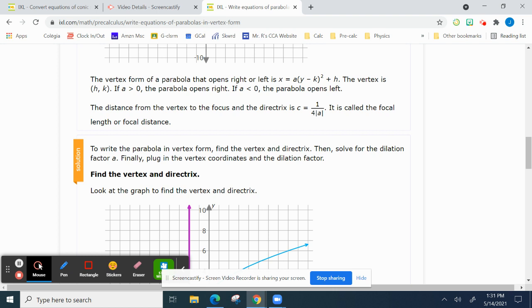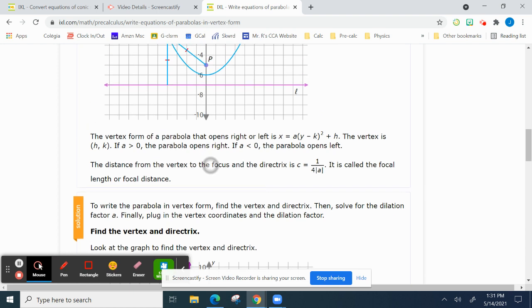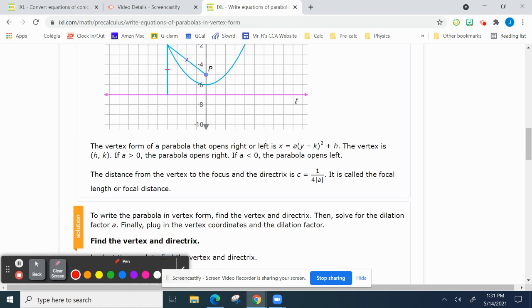Okay, they've got another thing here. The distance from the vertex to the focus and the directrix is 1 over 4a. So let's just stop and think about that for a moment. Let me go back up here.